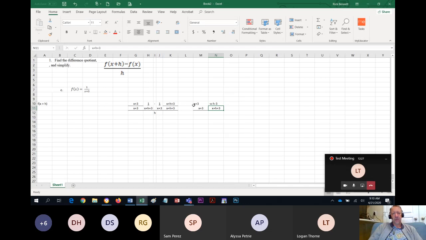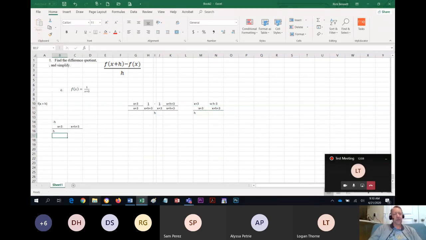Okay. So the x's will cancel, the 3's will cancel. I guess I forgot to put my h down here. I'm left with negative h on the top. I still have this as my denominator, and I still have the h on the bottom.